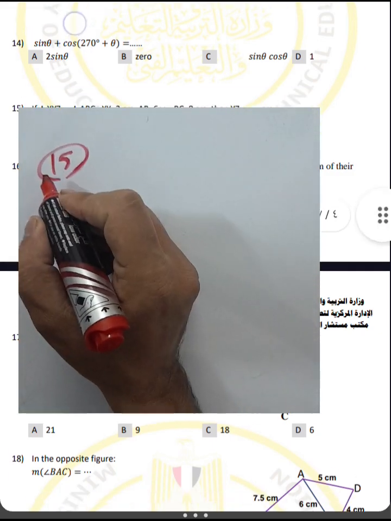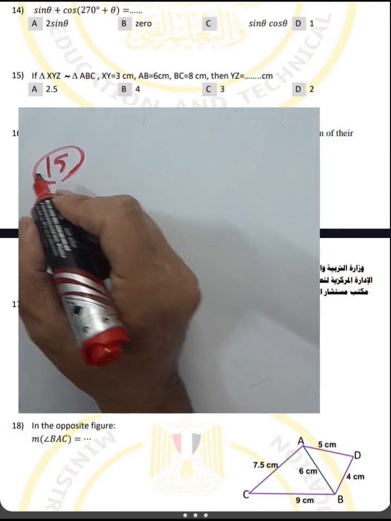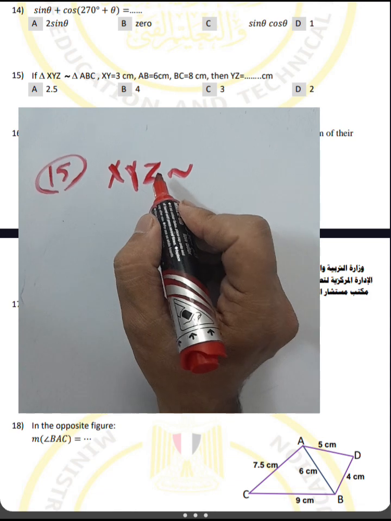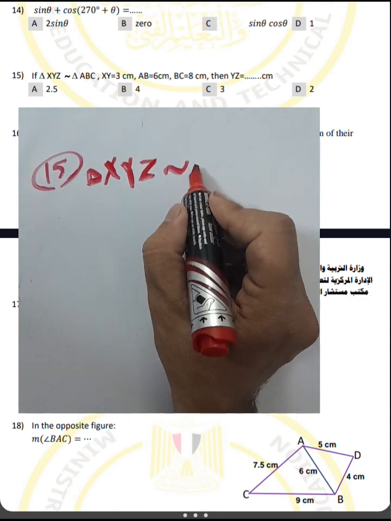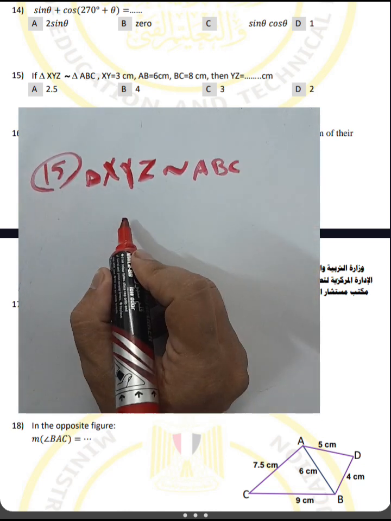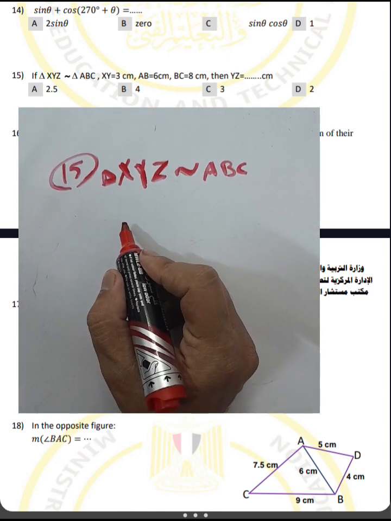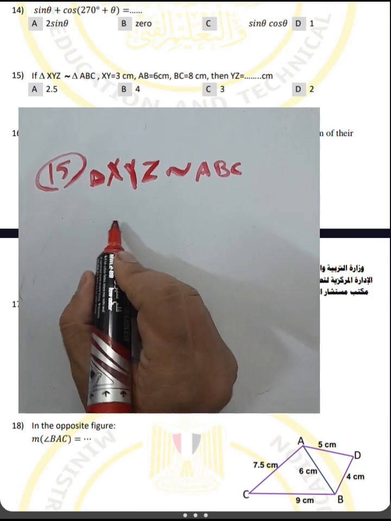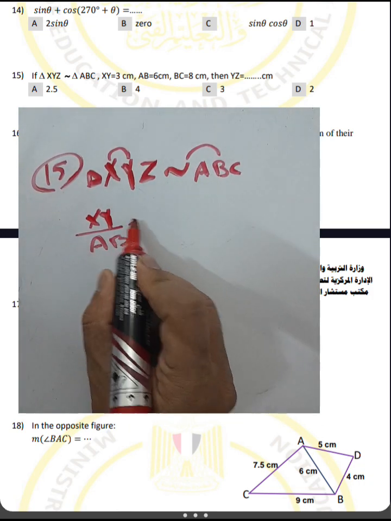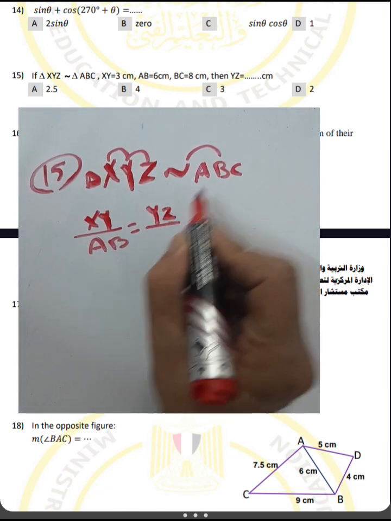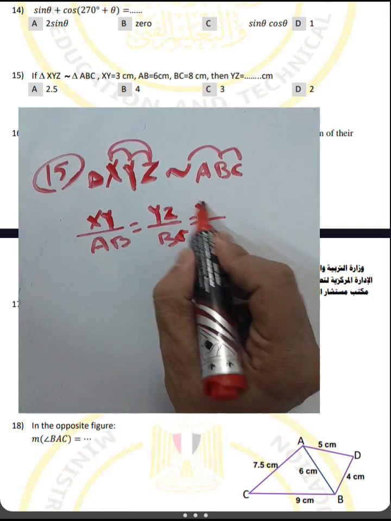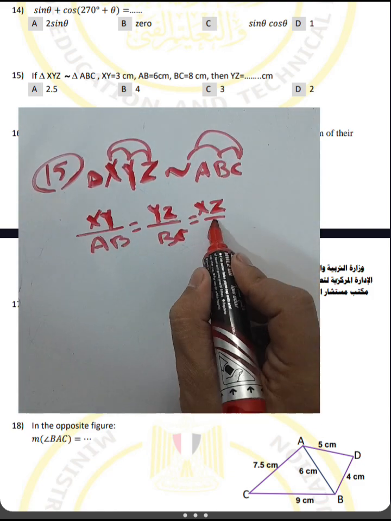Question 15. Two triangles are congruent. We have triangle XYZ similar to triangle ABC. Write the ratio: XY over AB equals YZ over BC equals XZ over AC.